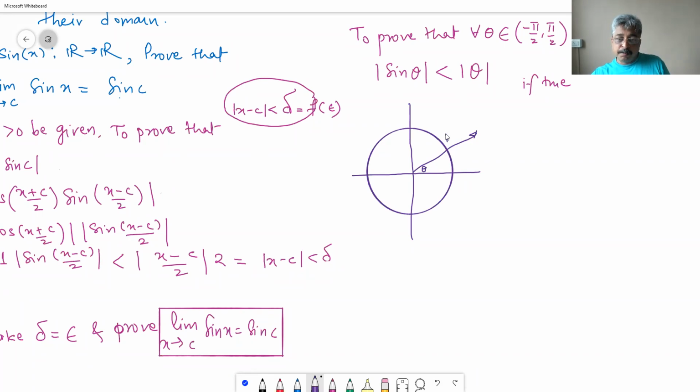Suppose this point is P on the unit circle. You draw perpendicular PM. Let this point be A. So the arc length that you have is r theta, but r is 1, unit circle. So this arc PA is equal to theta, and distance PM is equal to sine theta.